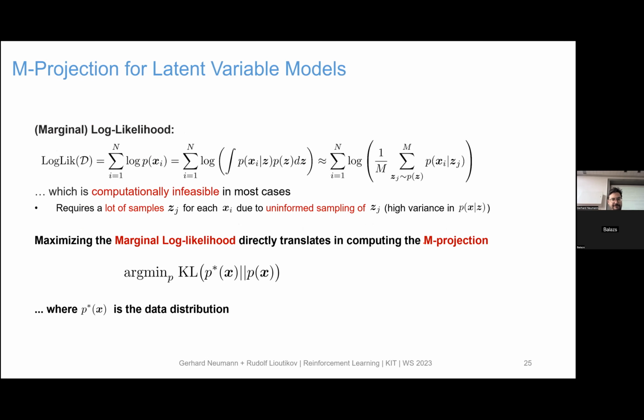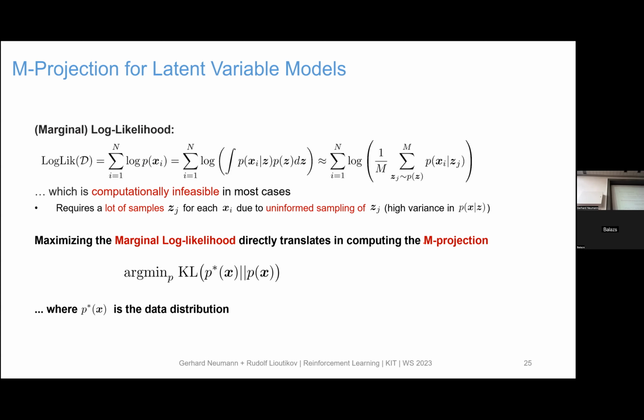We have data, multiple samples of X, and we want to do log likelihood optimization.